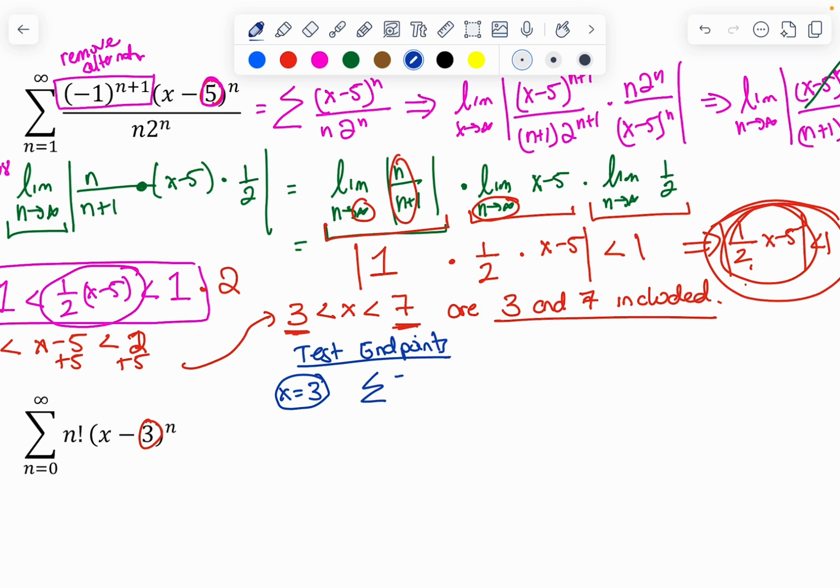And we've got (-1)^(n+1). We're going to plug in 3. So 3 minus 5 is going to be (-2)^n over n·2^n. And we're going to test this.